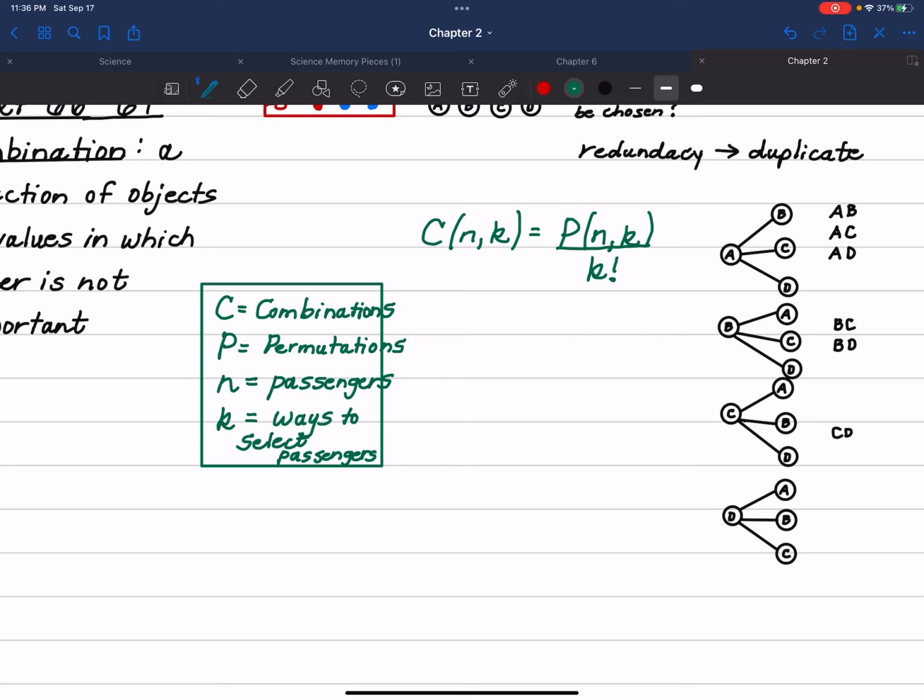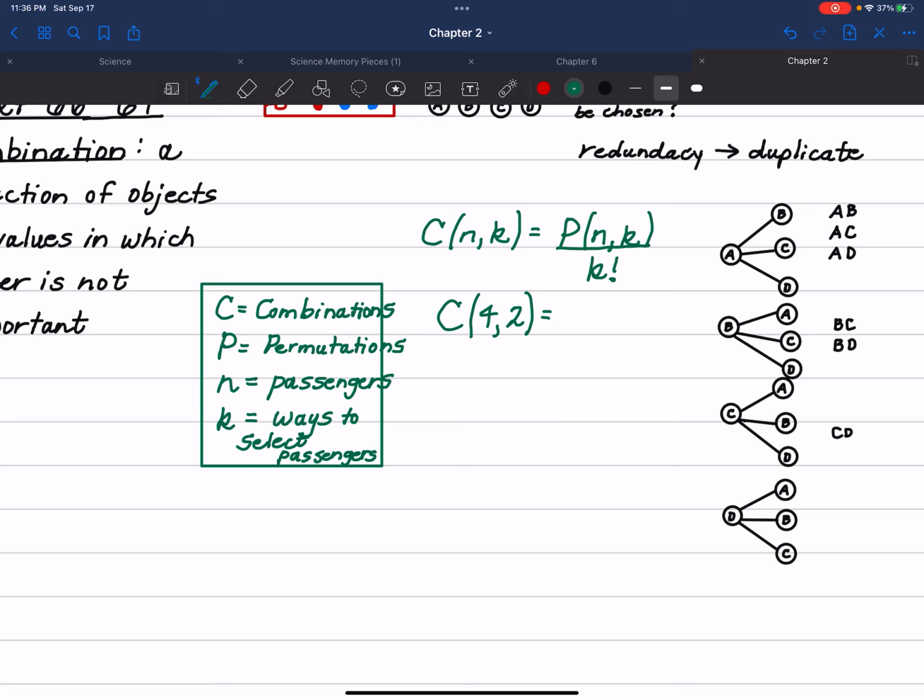So we have a combination. There are 4 passengers waiting to board. There are Adams, Bennett, Clark, and Davis. That's 4 people. And there are how many seats available on the bus? There are only 2 seats available.